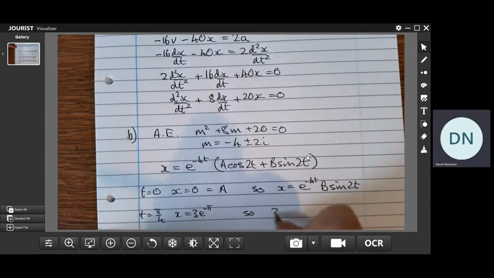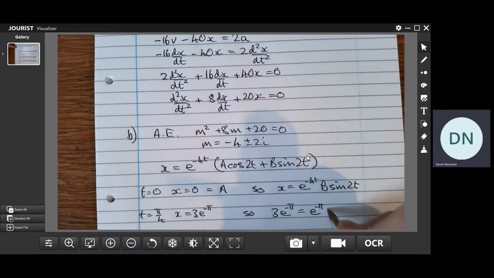So 3e to the minus pi is equal to, if we put in pi over 4 there, e to the minus pi times b times sine pi over 2. Sine of pi over 2 is 1, so b is equal to 3.